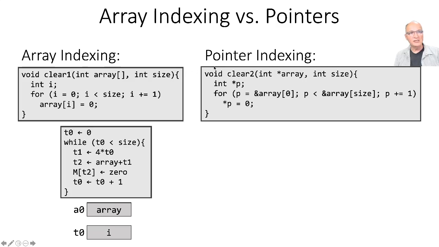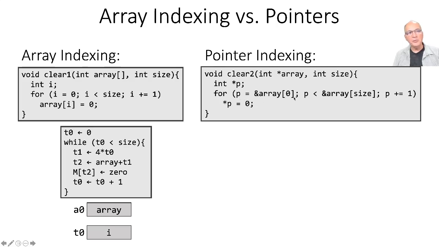They do exactly the same thing. My second parameter is still the size, but now my local variable is not an integer I. My local variable is a pointer to an integer, and I call this local variable P. The initialization for my for loop is I will assign the address of the first position of array to P.